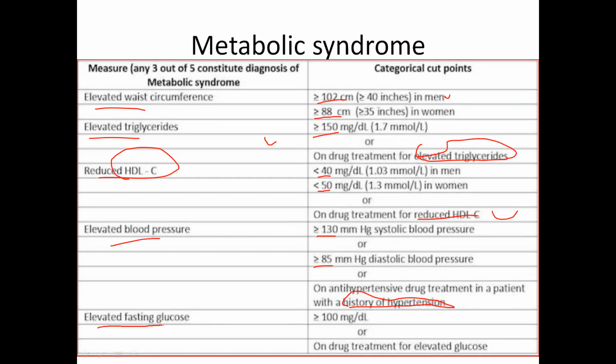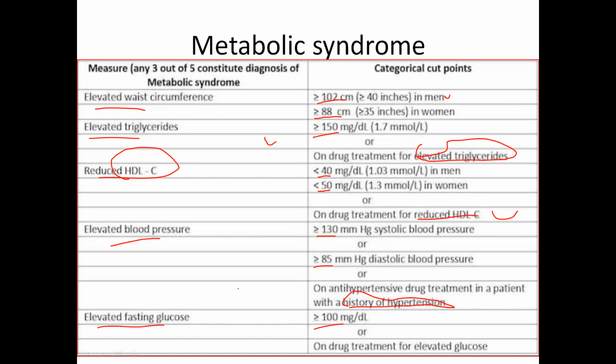The other is elevated fasting glucose, if it is greater than or equal to 100 milligram per deciliter, or on drug treatment for elevated glucose level, or the patient has a history of diabetes mellitus.